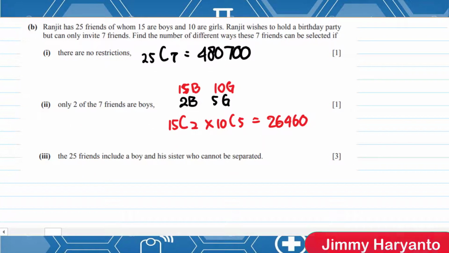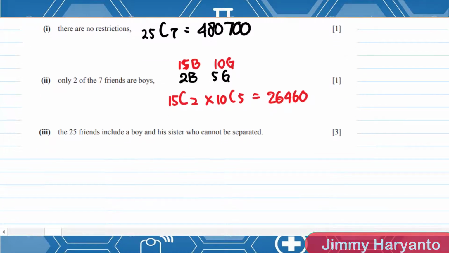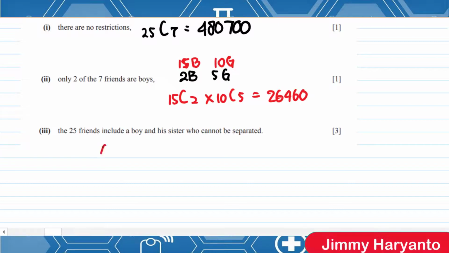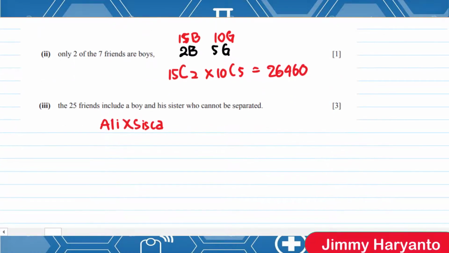The 25 friends include a boy and his sister who cannot be separated. Okay, let's say that in these 25 friends there are Ali and Siska. They cannot be separated. So I have these possibilities from the 7 friends.